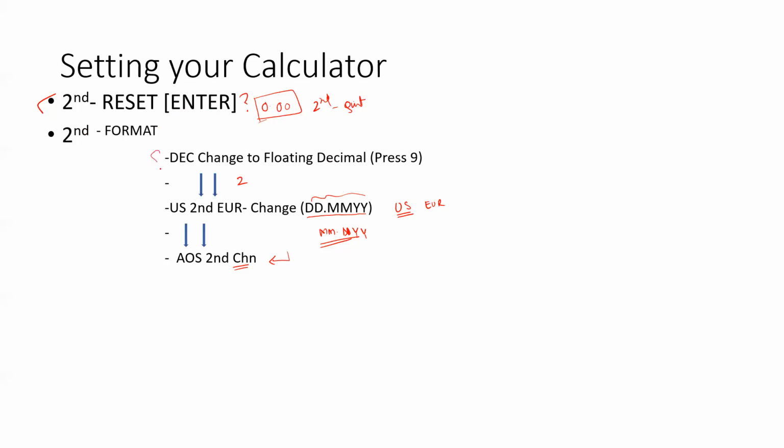Number two is that what we did here is format the entire DNA of the calculator to the format that is essential for us. Now, you may see that after you have pressed this DEC 9, your value is only 10. Can you see that?